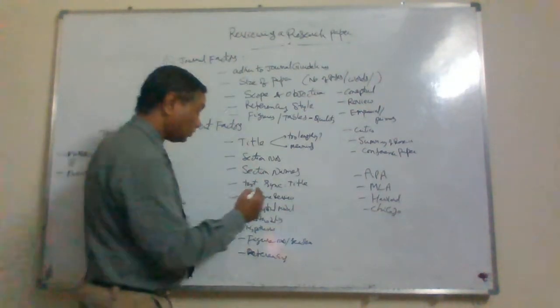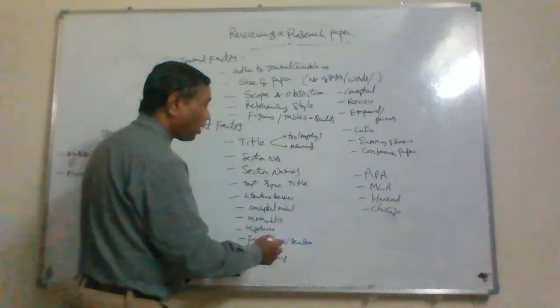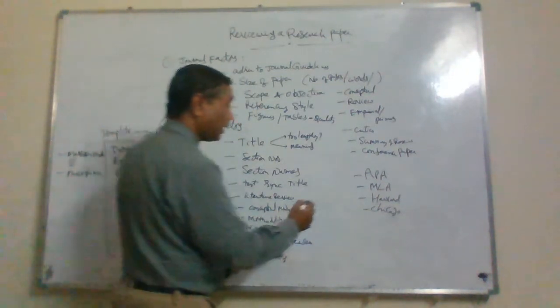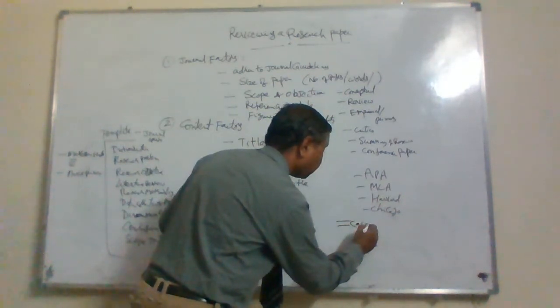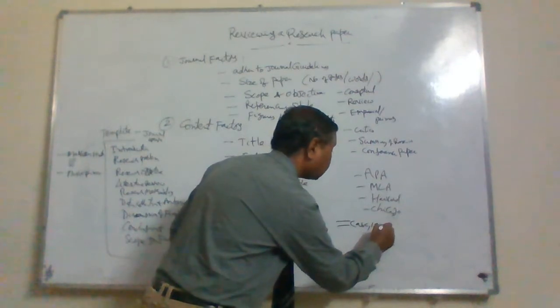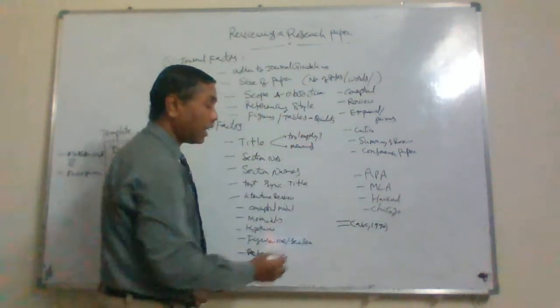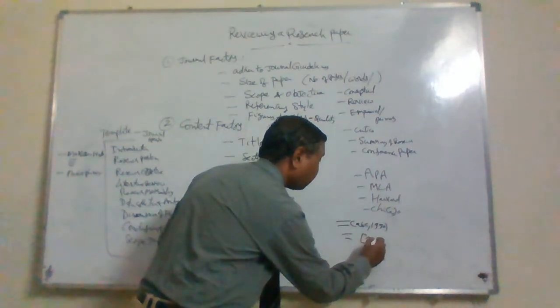What are those items? For example, the referencing style: APA or MLA. In one paragraph of the text, the inline citation is like ABC 1990 or something like that, and in another sentence the referencing style is numbering, like 35.